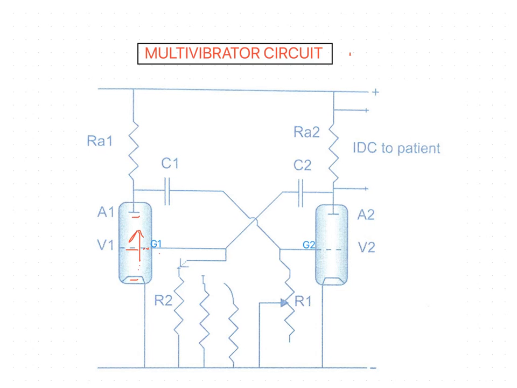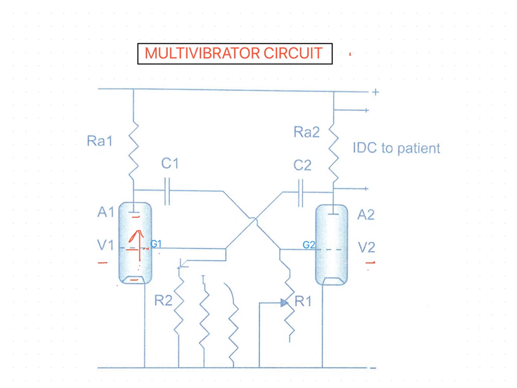Now we are going to discuss the wiring or construction of the multi-vibrator circuit. In this circuit, two triode valves are used, valve 1 and valve 2, V1 and V2.